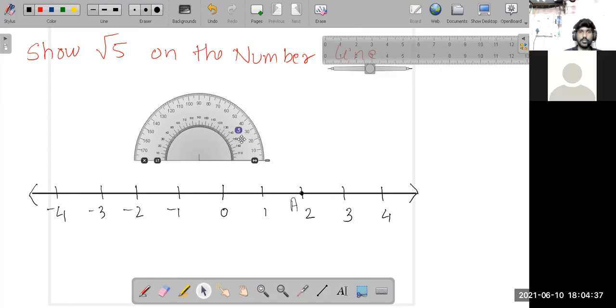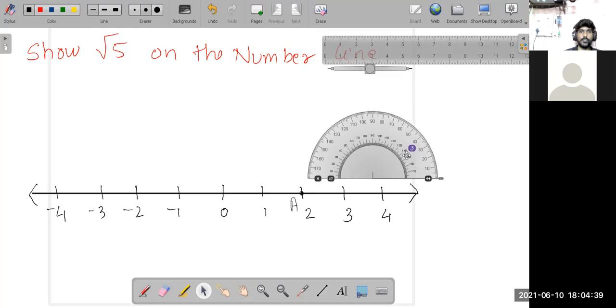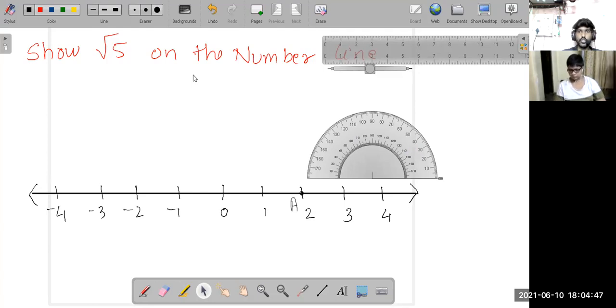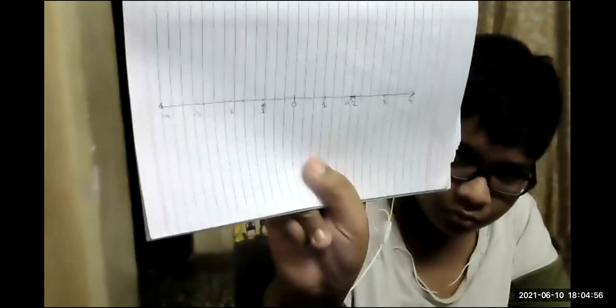Okay, sir. Before we continue, can you just show me your number line? Okay, good. So I've taken 2.5. Okay, that's fine.